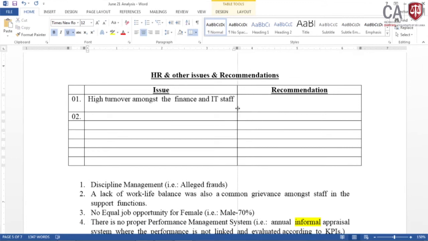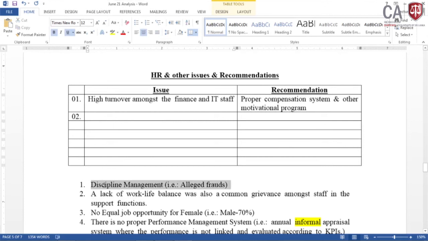Recommendations, proper compensation system and other motivational program. So, we can recommend that one. They can introduce a good compensation system and other motivational program.